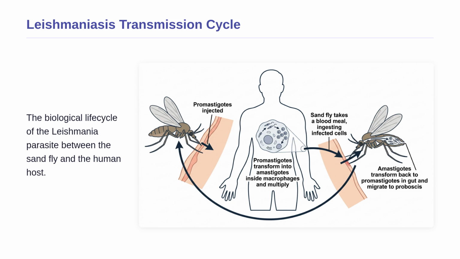Instead of dying, they transform into amastigotes and multiply rapidly. When a new, uninfected sandfly bites this person, it ingests these infected blood cells. Inside the fly's gut, the parasites transform back into promastigotes and migrate to the fly's mouthparts, ready to infect the next human. This continuous loop is what sustains the disease.